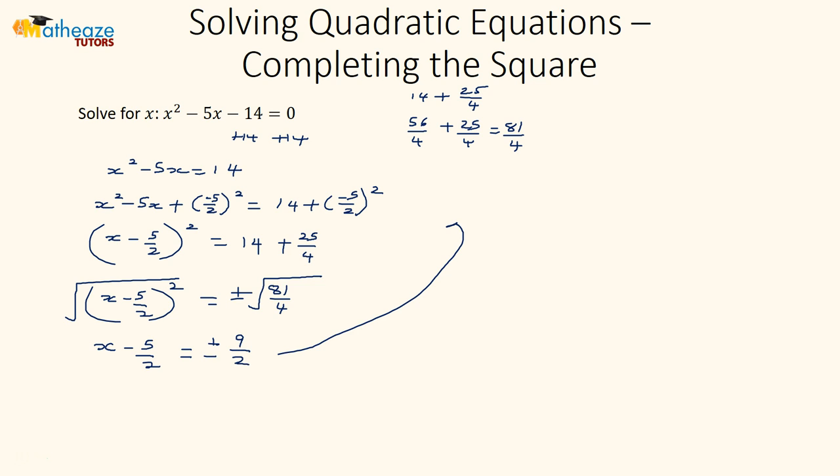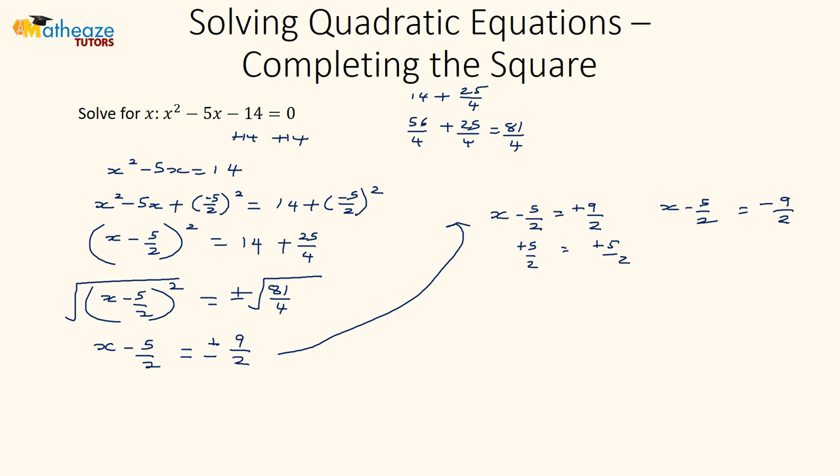So let's bring this over here. So we have x - 5/2 is equal to positive 9/2. We also have x - 5/2 equal to negative 9/2. Let's add 5/2 to this one here, and we add 5/2 here.